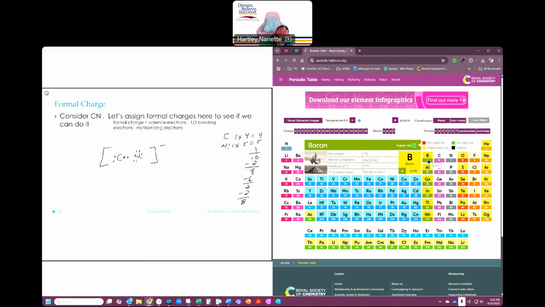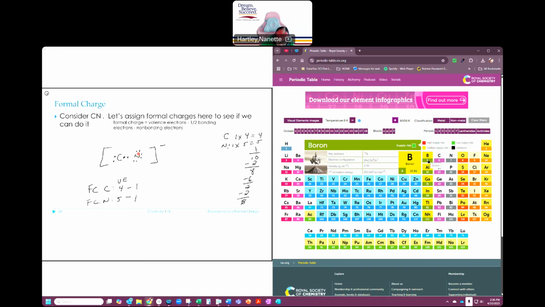Okay, if we look at our formal charge, the number of valence electrons for our carbon is 4, and for our nitrogen is 5. We subtract the number of electrons in each bond. Each one of them gets 1.